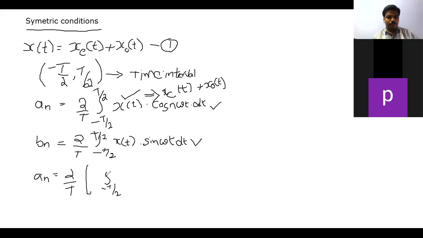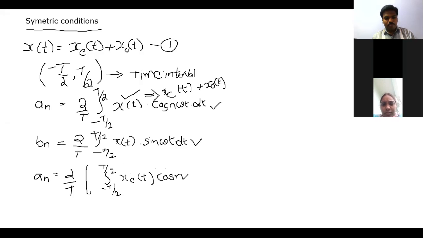The first one is the integral from minus t by 2 to plus t by 2 of xe of t into cos n omega t dt, plus you will have one more part that is defined again from minus t by 2 to plus t by 2, x naught of t.